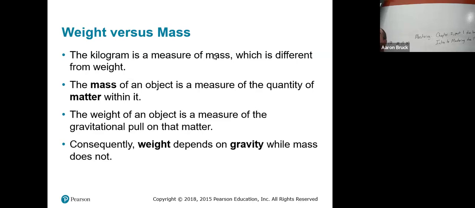So mass is a consistent value for an object. Weight is not. Weight varies based upon gravity. And one of the reasons we can't fully put that into context is even here on planet Earth, there are slightly different gravitational forces depending upon where you are.